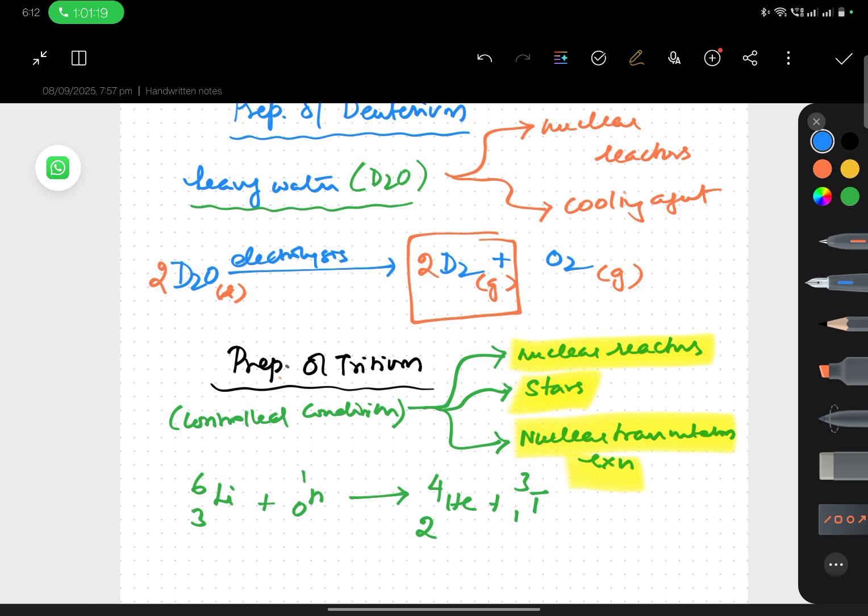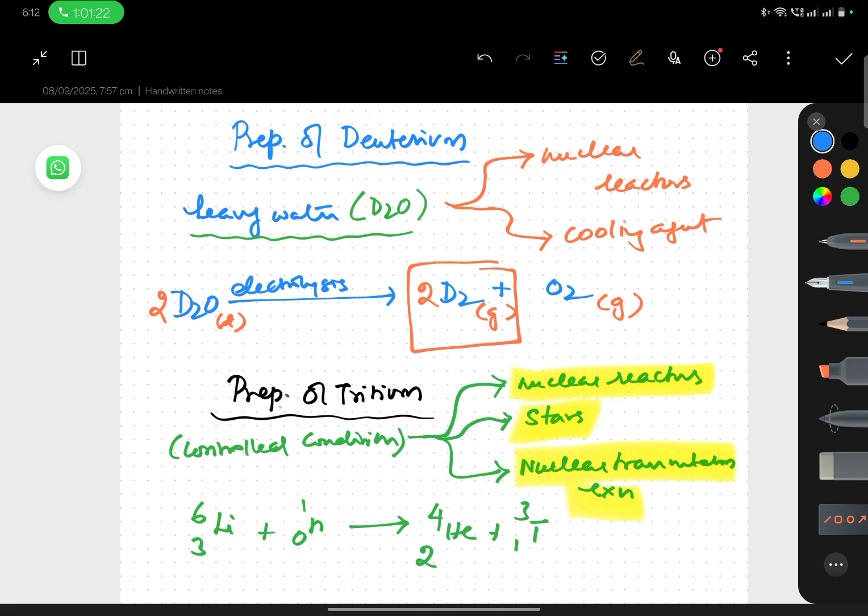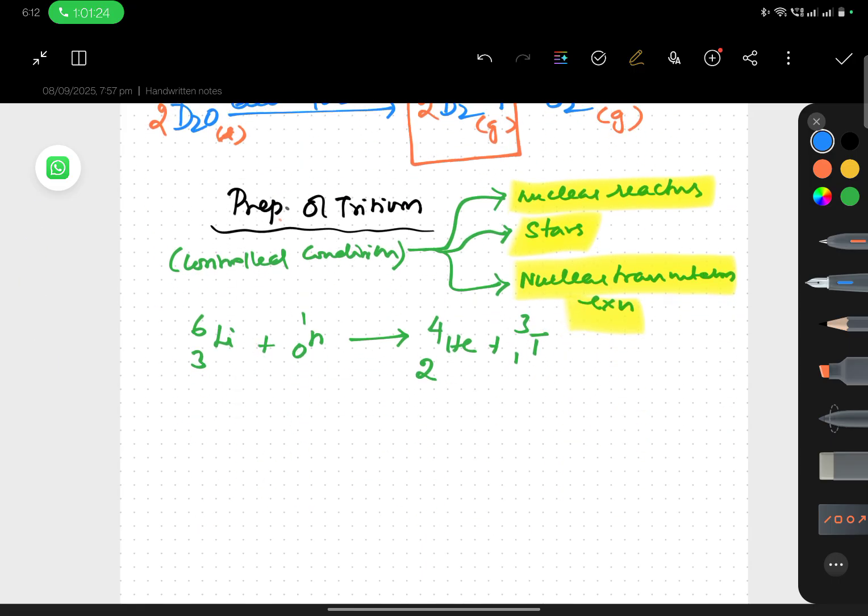So what they have done is they have bombarded. Please make a note. What is this transmutation reaction? What do you call it? It is called bombardment of lithium by a neutron.